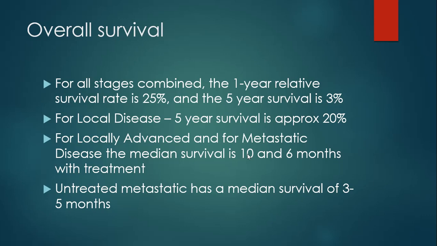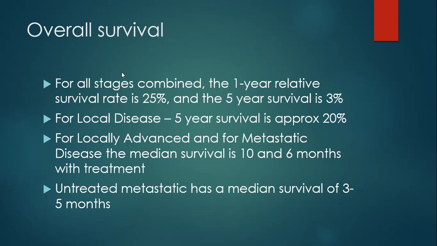The untreated metastatic disease has a median survival of 3 to 5 months. So, just by reviewing the overall survival, you can see how deadly this disease is. I would like to mention here that this is the overall survival of pancreatic cancer.